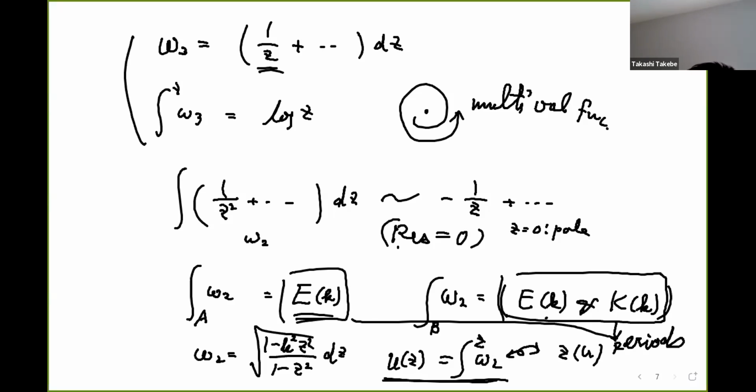So at least this function is not a function on the elliptic curve on which this differential is defined.